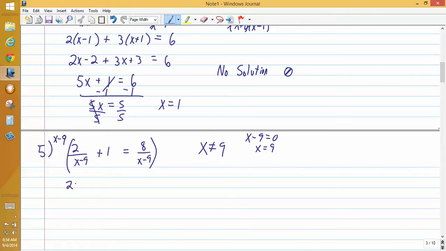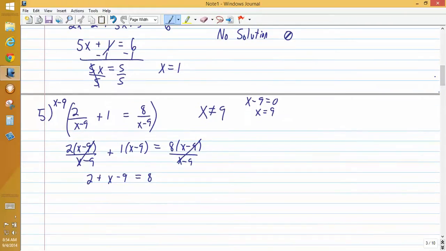So this is going to be 2 times x minus 9 over x minus 9, plus 1 times x minus 9, equals 8 times x minus 9 over x minus 9. The x minus 9's cancel out there and there. That leaves me with 2 plus x minus 9 equals 8.